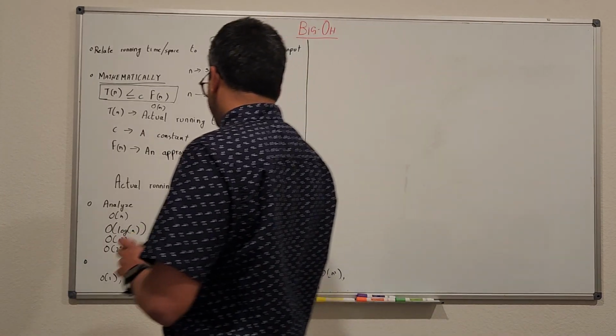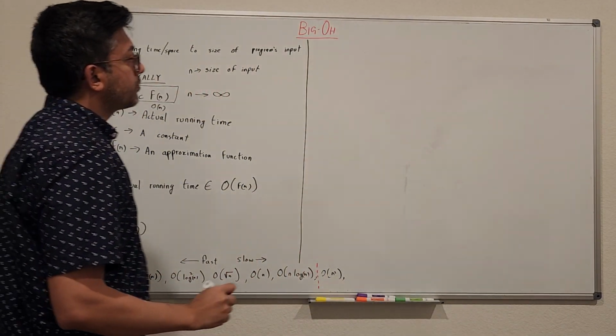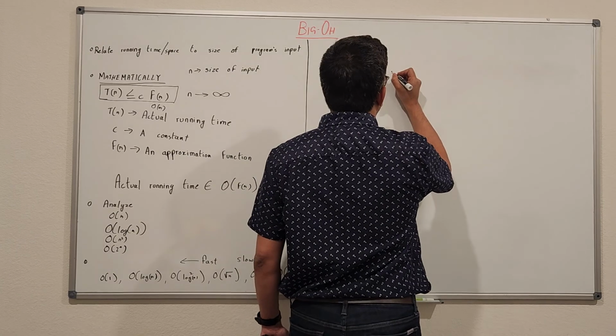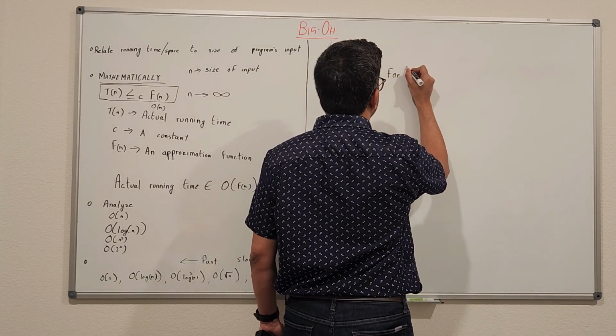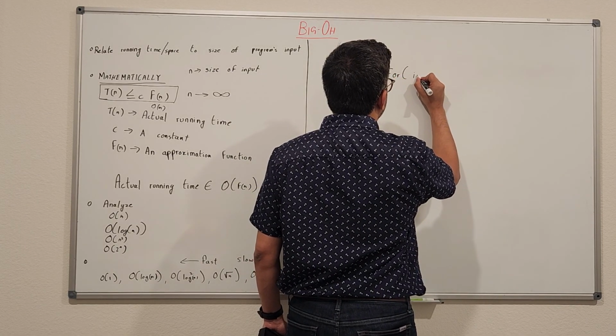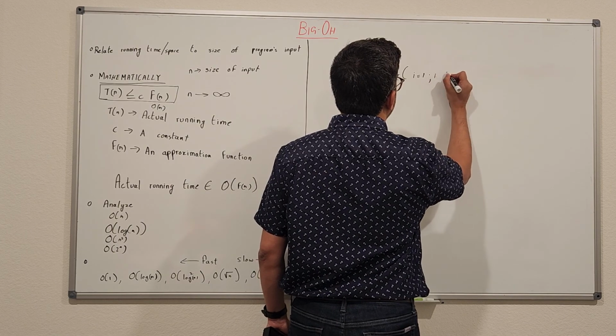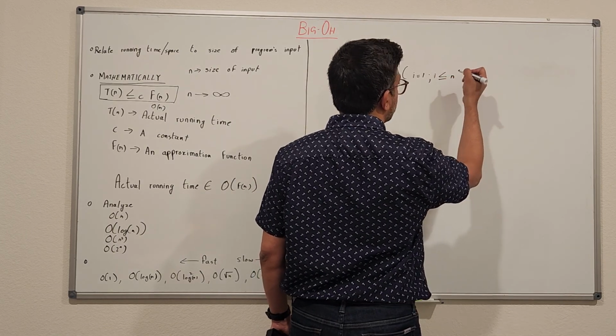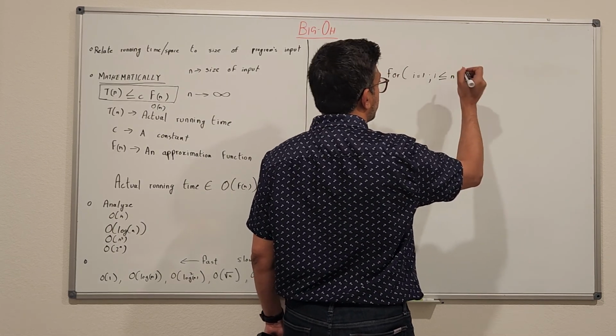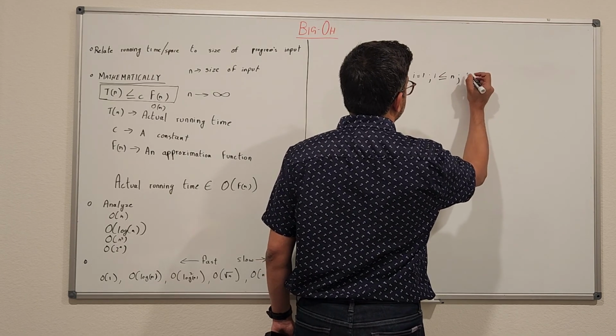So let's look at another example, BigO of n square. Suppose you have a code that does this. For i equal to 1, i less than or equal to n, where n is a number you passed to your function.